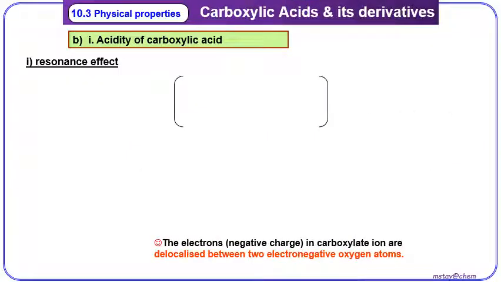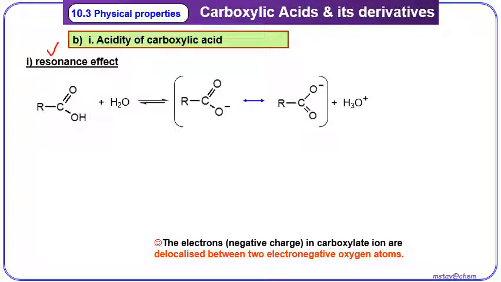Okay, let's start with the factor of resonance effect. In general, we know if there is an acid in the presence of water, the bond between O and H will break, and this H will combine with H2O to form H3O plus.